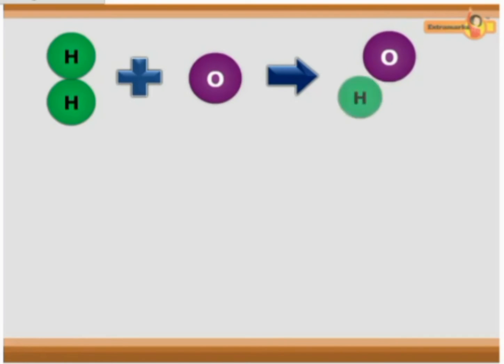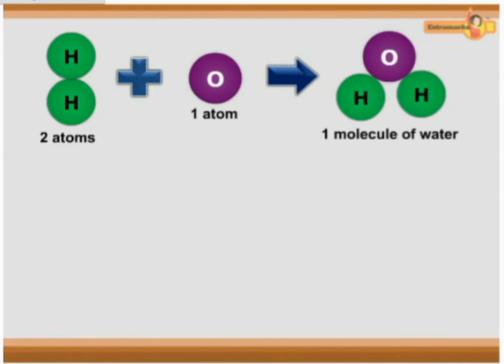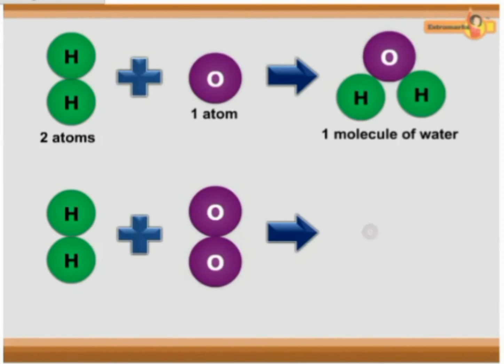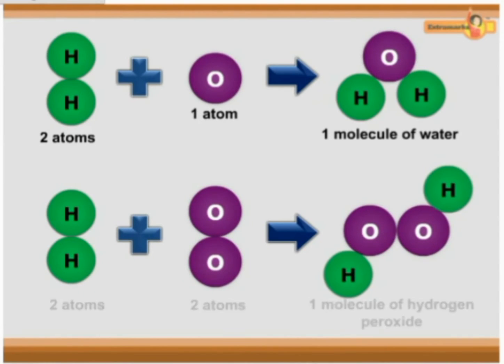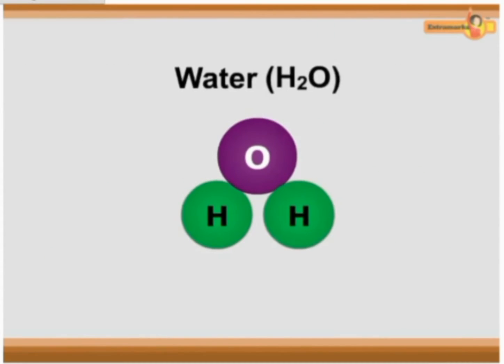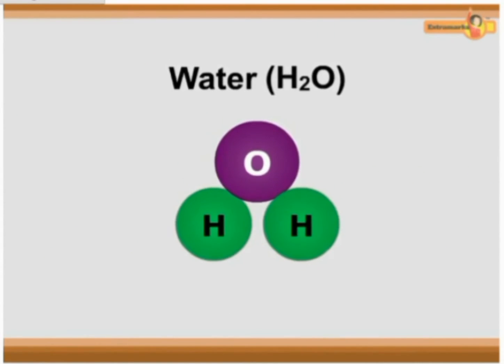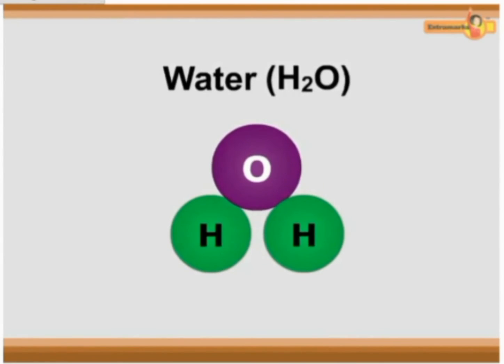Hydrogen and oxygen are two common elements. These elements combine to form two different compounds, namely water and hydrogen peroxide. Water is formed when two atoms of hydrogen combine with one atom of oxygen.